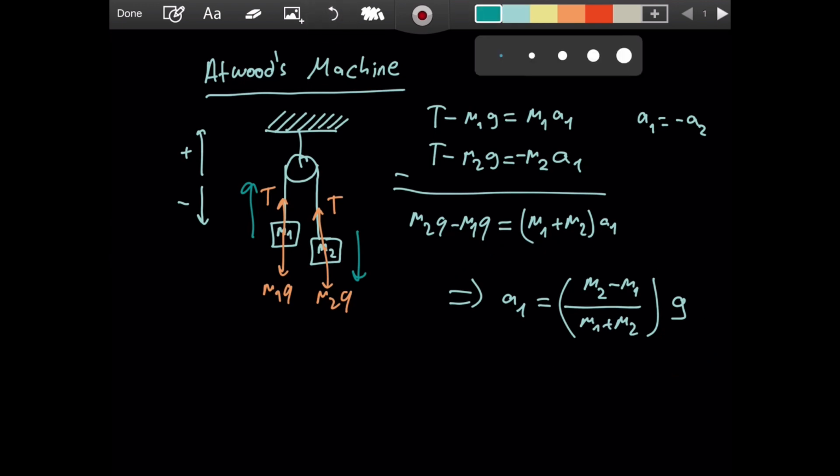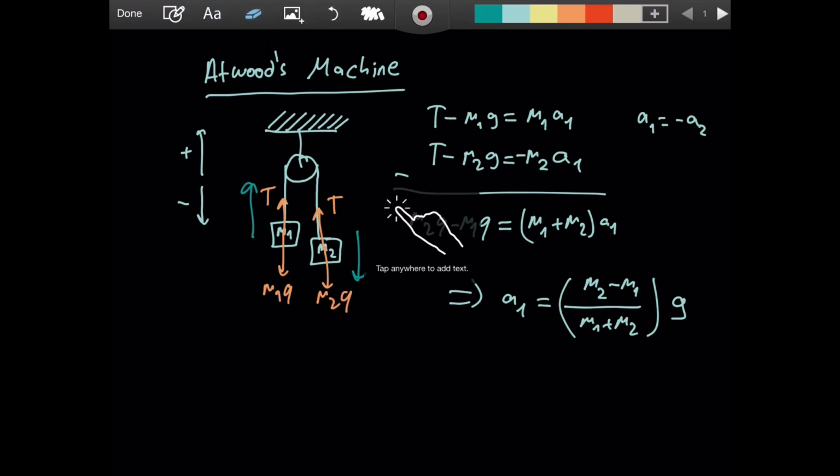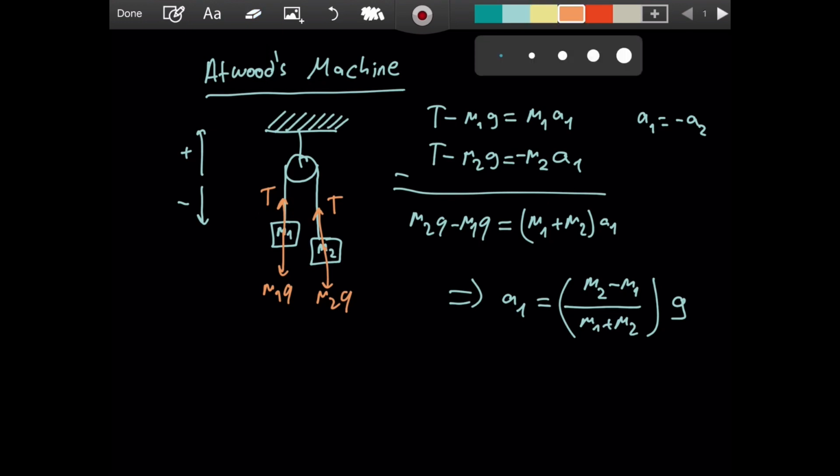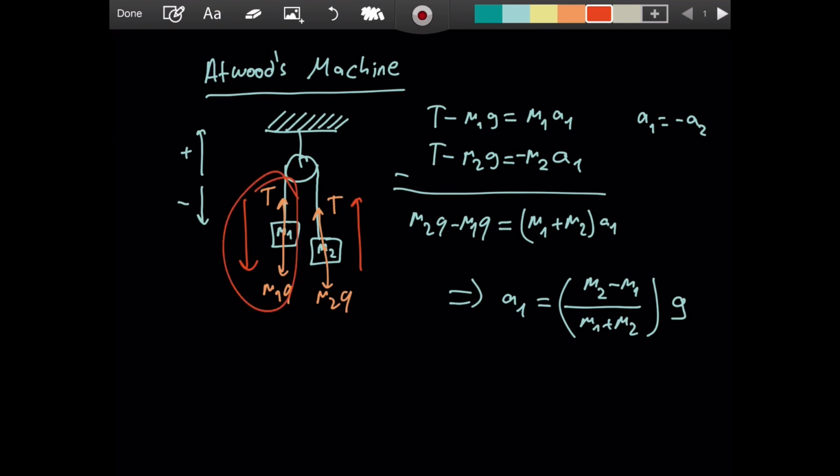If, however, M1 minus M2 is negative, meaning that M1 is heavier, then M1 would move downwards and M2 would move upwards. If M1 is accelerating downwards, then the acceleration should be negative, and it is in fact negative. So this makes sense.